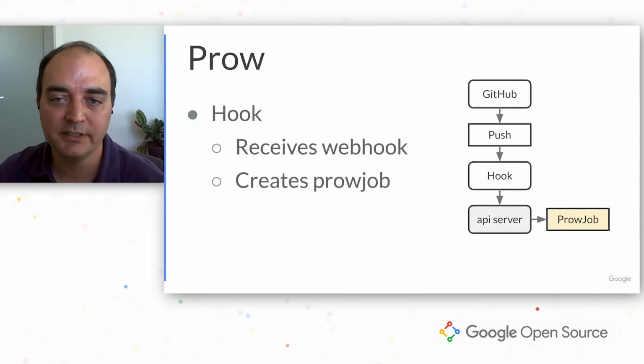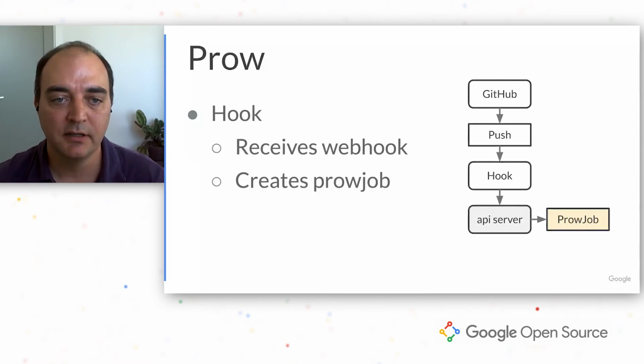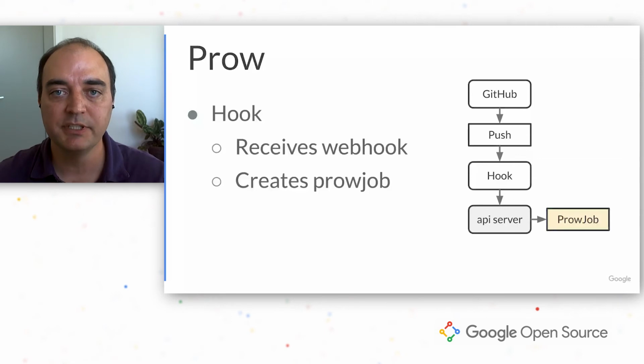To see this working in action, if you want to do some testing that's going to happen in response to some GitHub event, that'll use the hook component. Hook is going to be receiving your webhooks from GitHub, and then it will respond by creating a Prow job. It does that by talking to the API server.